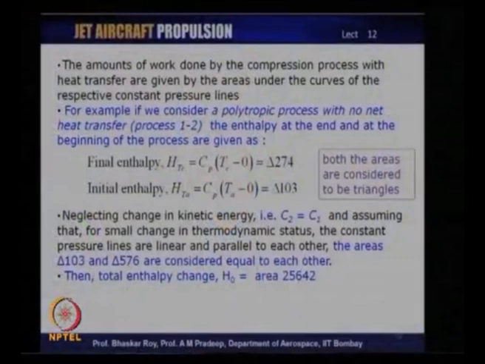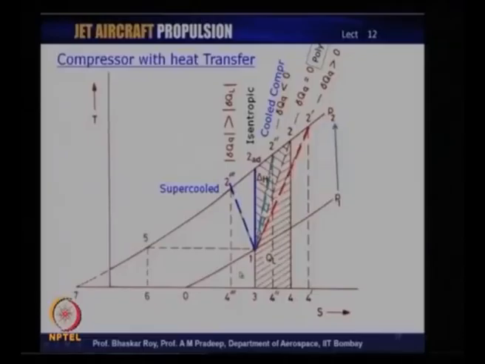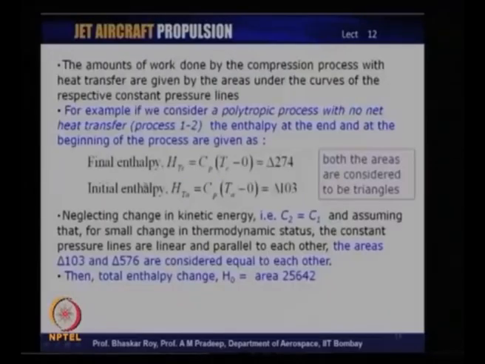We can summarize all this by simply saying that, as we have said, those diagrams are linear diagrams, and hence the final enthalpy can be written in terms of the triangle 2-7-4, which is shown here. We are approximating it as a triangle, and that is the final enthalpy.